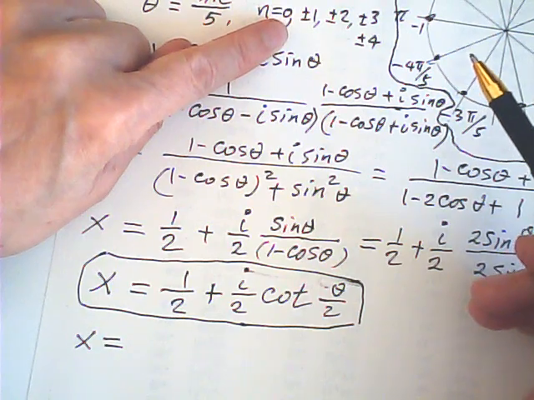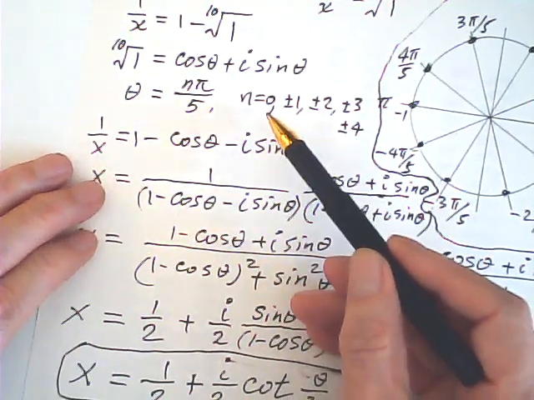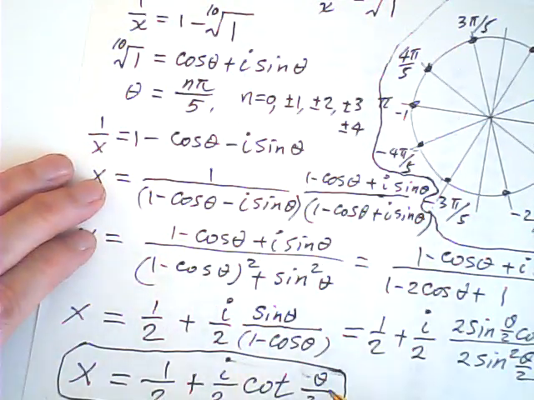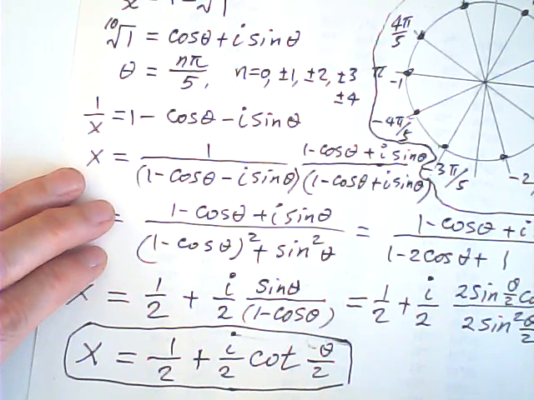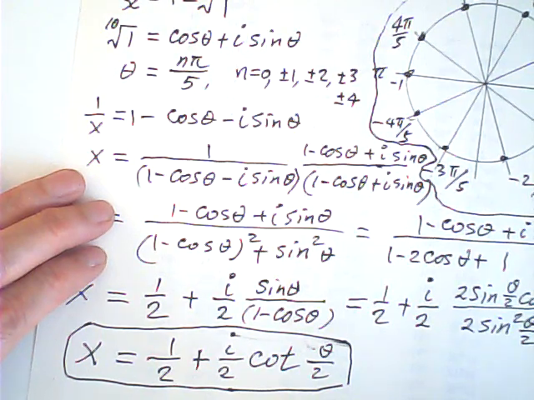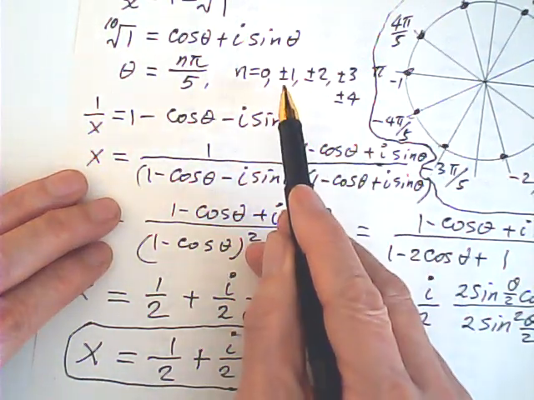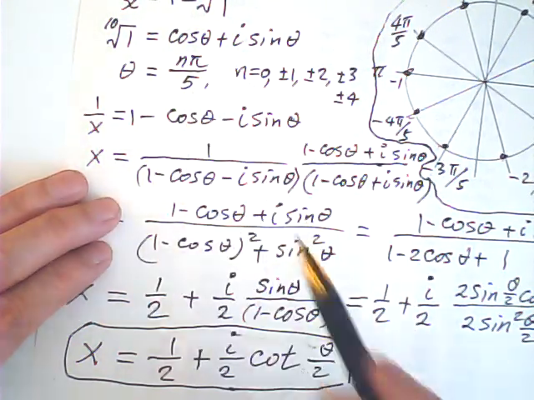When n equals 0, theta is 0. Cotangent 0 is not defined, so 0 is not good. And how about this one? This pi over 5, put it there.